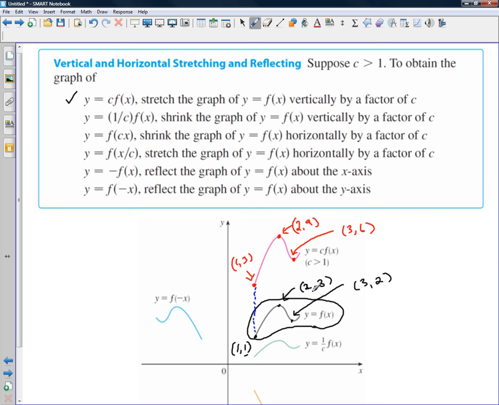If we apply that transformation to the point at 2, 3, every y is 3 times as much as it was before, so this would go up now to 9. If this point here on the black one is at 3, 2, then every y would be 3 times as much if the value out front were 3. So it would go from 2 to 3 times more, which would be 6.